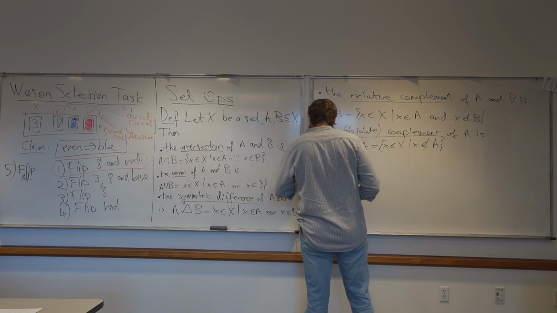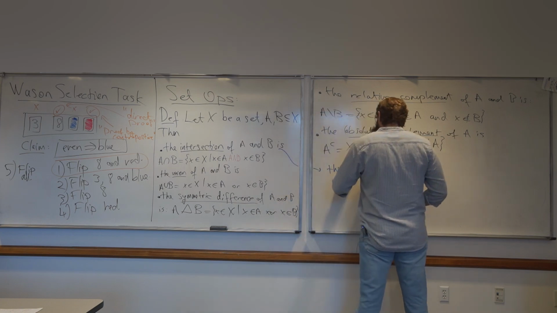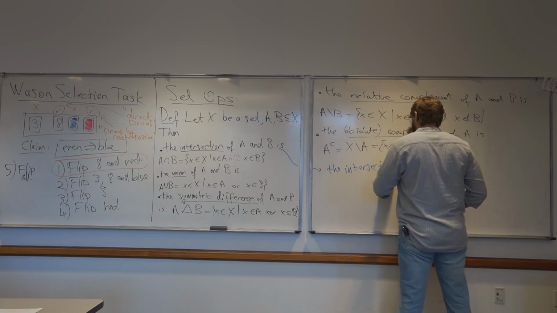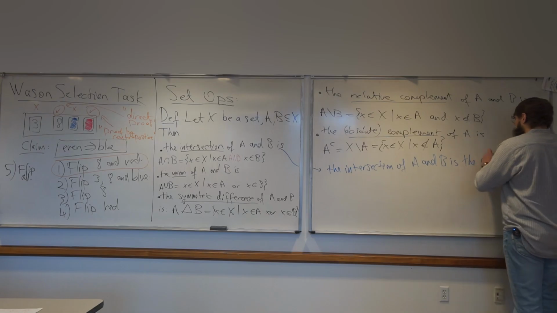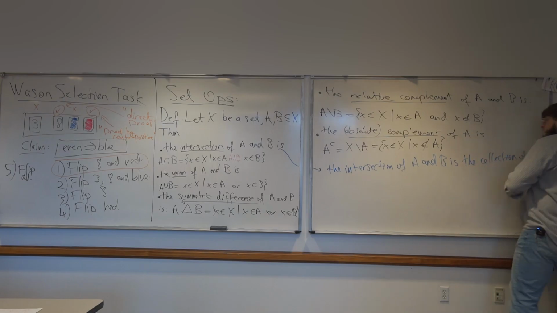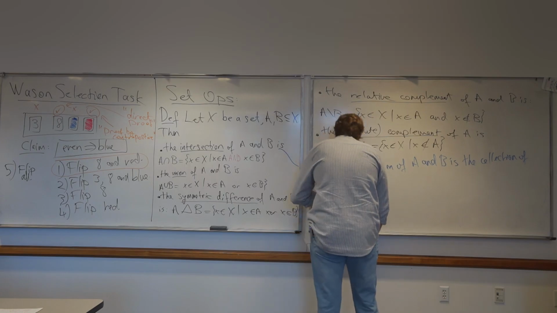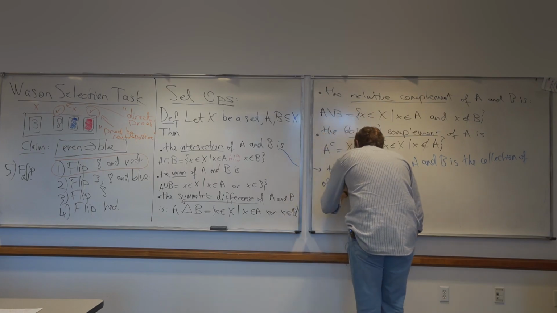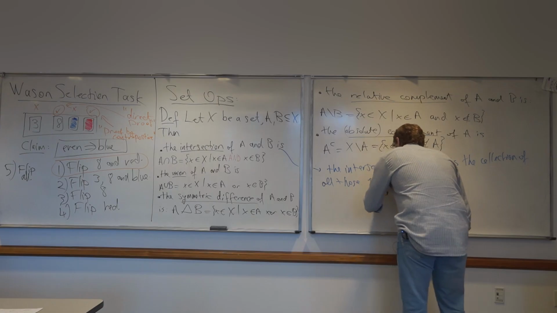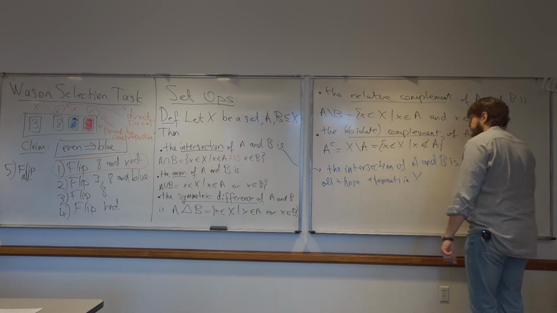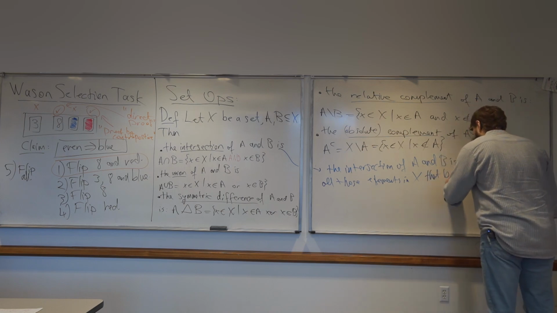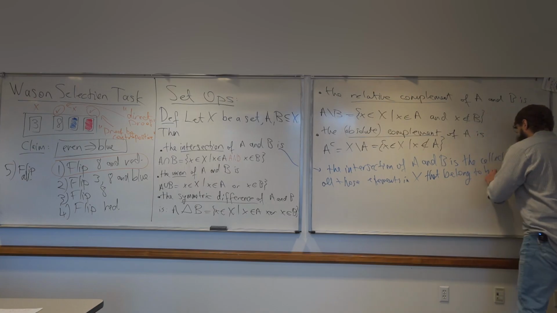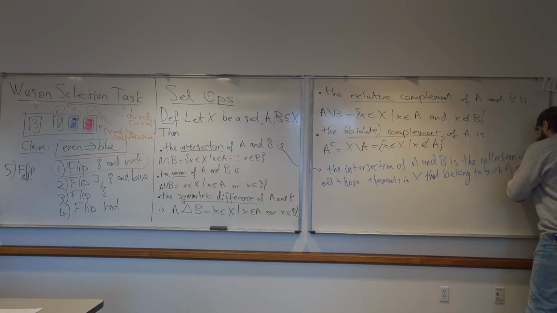You could say the intersection of A and B is the collection of all those elements in X that belong to both A and B. Okay.